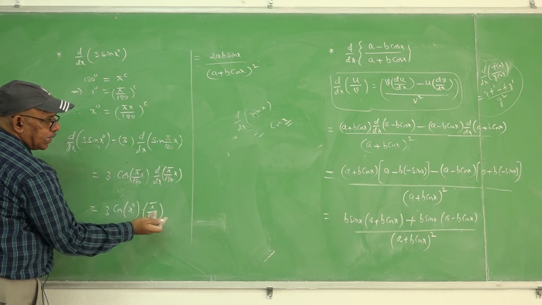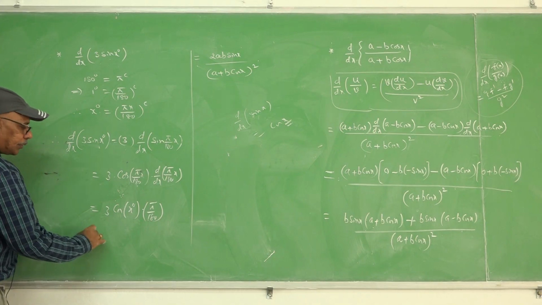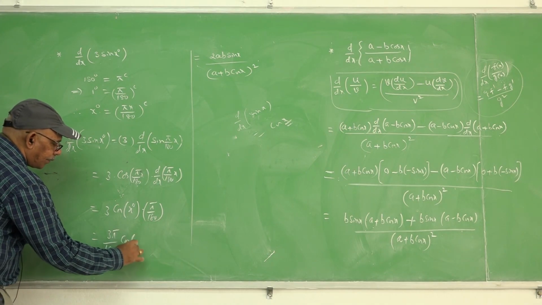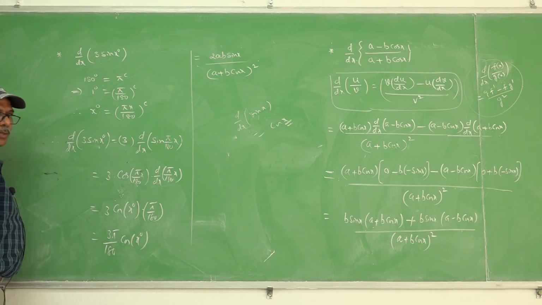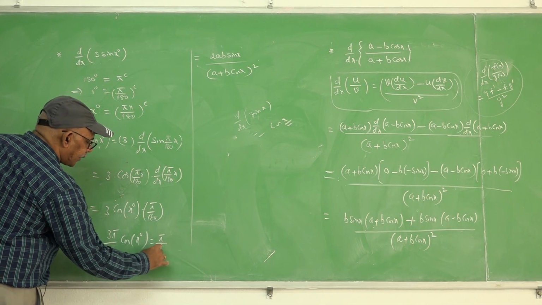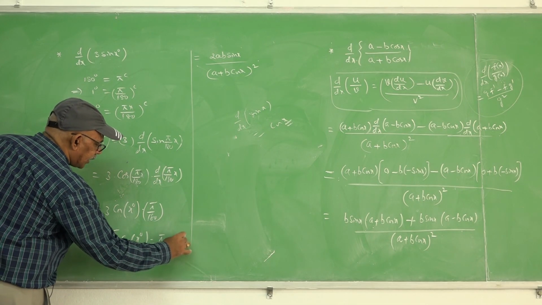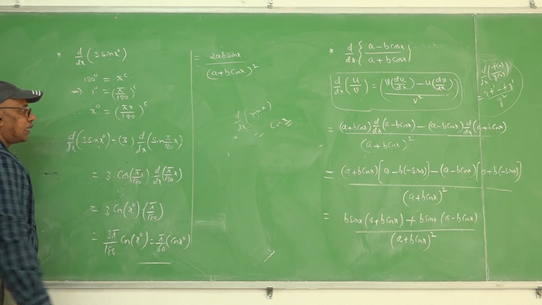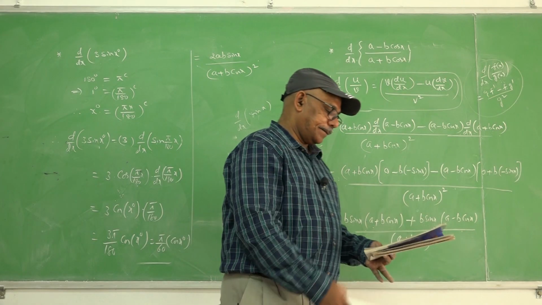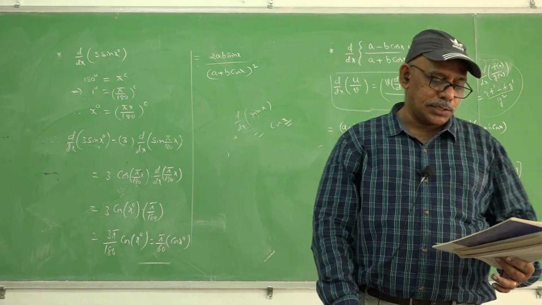The derivative of x is clearly 1. So the required derivative is 3 pi by 180 into cos x degrees, or pi by 60 into cos x degrees, the required derivative of 3 sin x degrees.